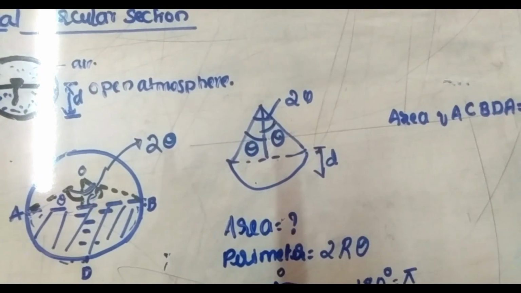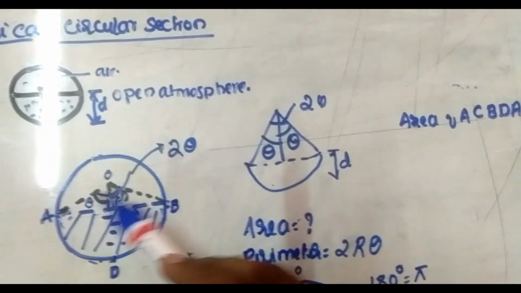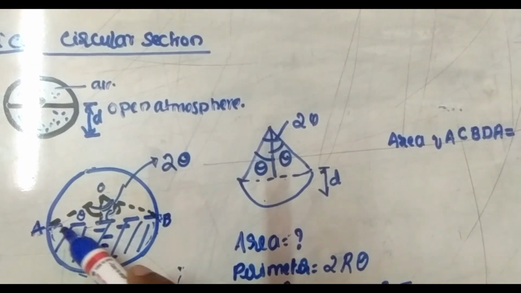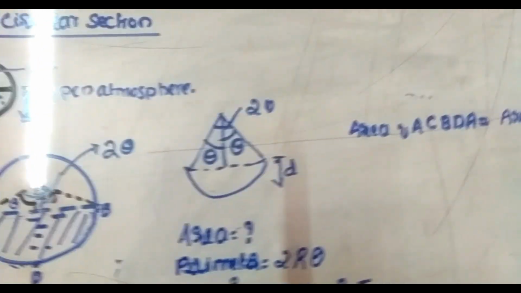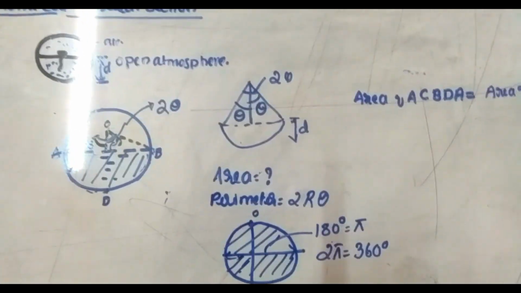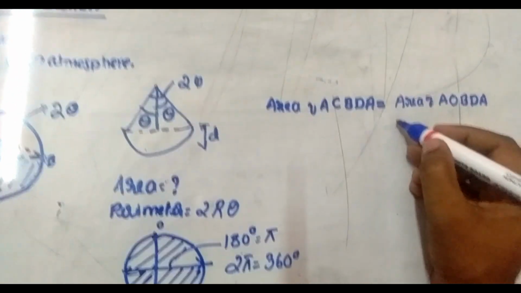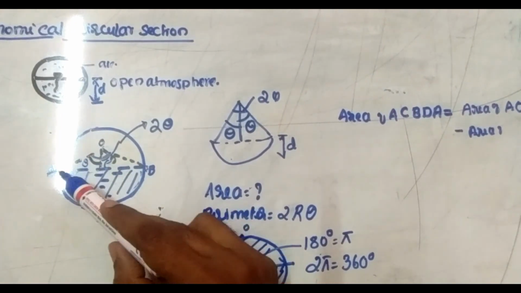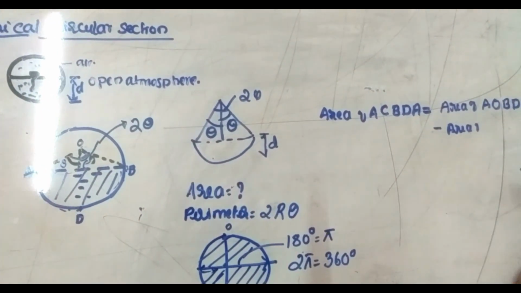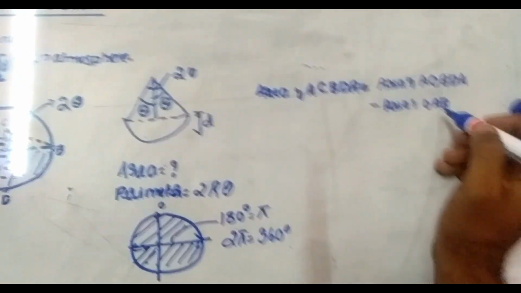So we can write the area of AOBDA minus the area of triangle OAB.